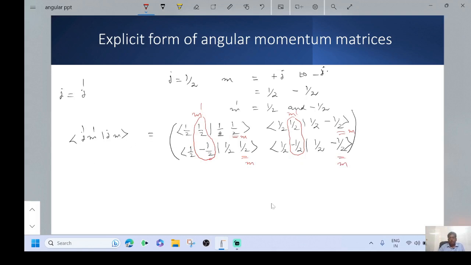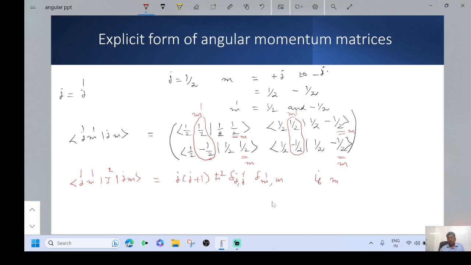Now, if you want to find out the angular momentum matrix for j square, that is j dash, m dash, j square, j, m, the condition is j into j plus 1 h cross square, delta of j comma j dash, delta of m dash comma m.